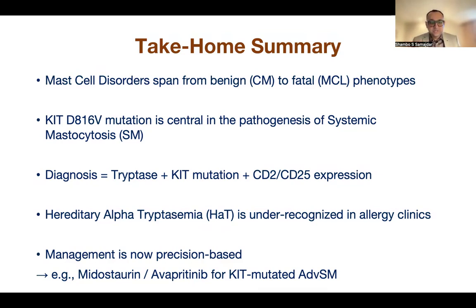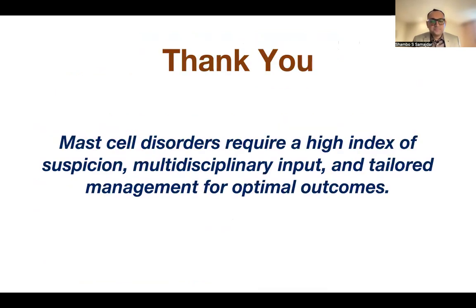We need to acknowledge that hereditary alpha tryptasemia is under-recognized in our allergy clinics. We need more training on that, on how to diagnose them early. And now we have precision therapy for advanced systemic mastocytosis, for example midostaurin or avapritinib.